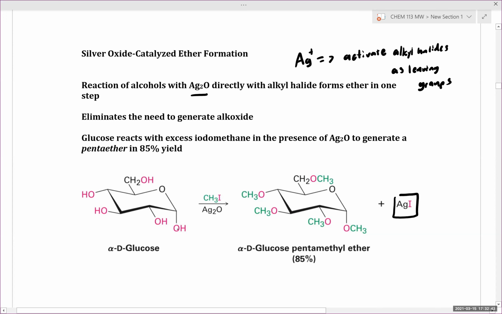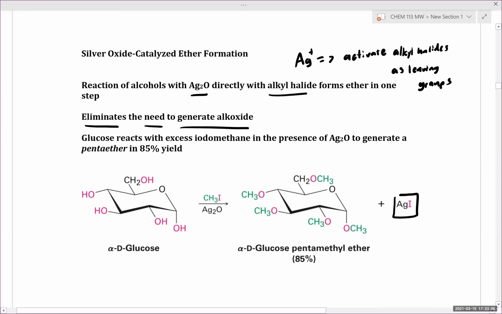Thus, if you treat an alcohol with an alkyl halide and silver 1 oxide, you rapidly generate the corresponding ether. This method is run under neutral conditions and it eliminates the need to generate an alkoxide.